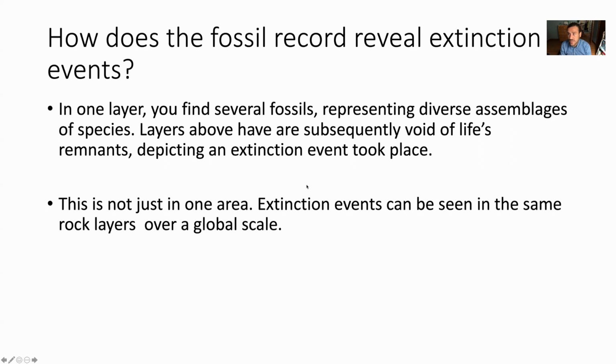Additionally, extinction events are wide-scale global events. So even if there's a local extinction, with true extinction events you see gaps in organisms around the world. When you go around the world, you see these different rock layers. For example, with the KT extinction event, there is a layer that's 65 million years old around the world.